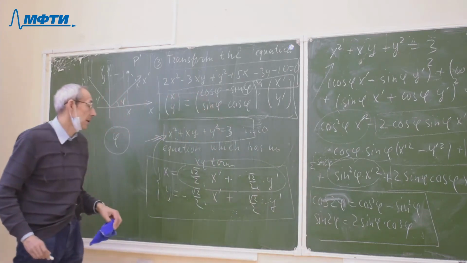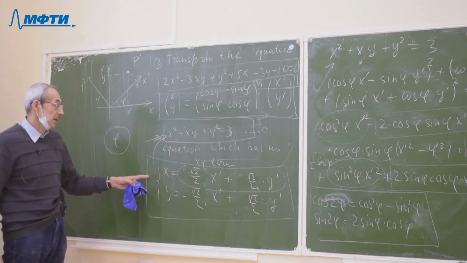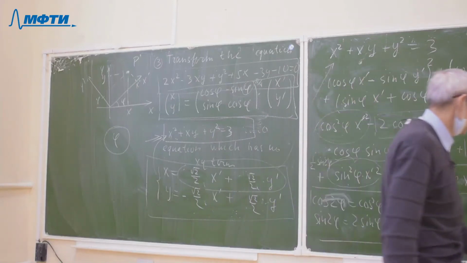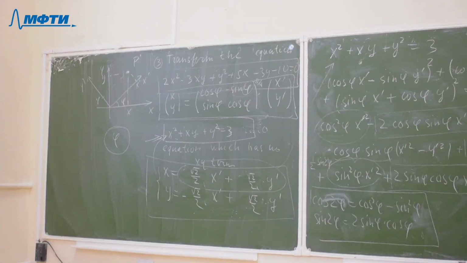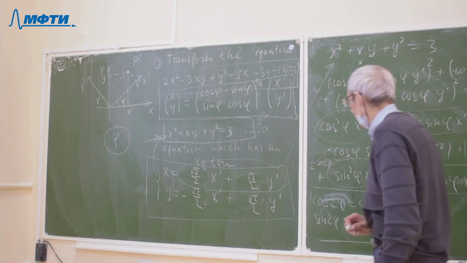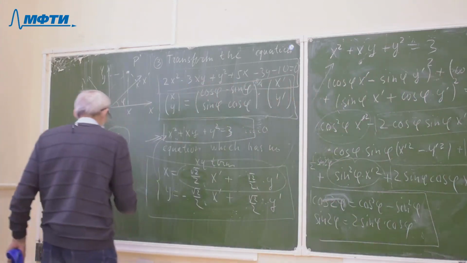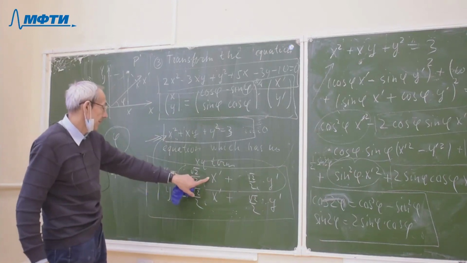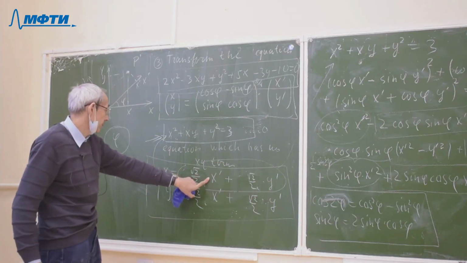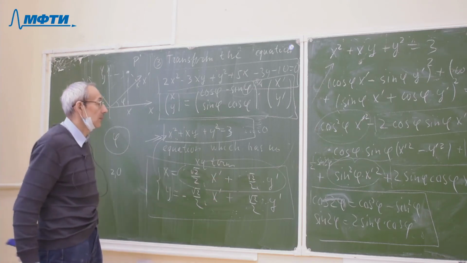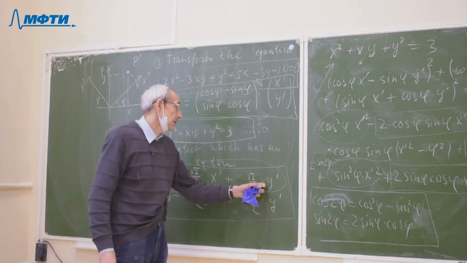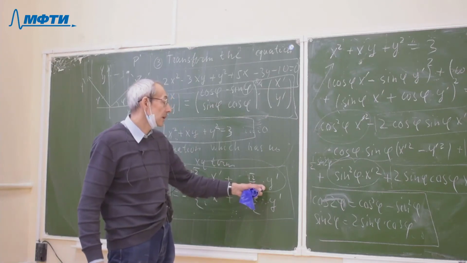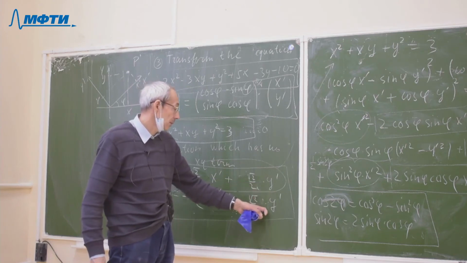We have the following metric transition, metric rotation, and the coordinate of the ellipse in the new coordinate system is equal to 0 if we substitute y prime equal 0.